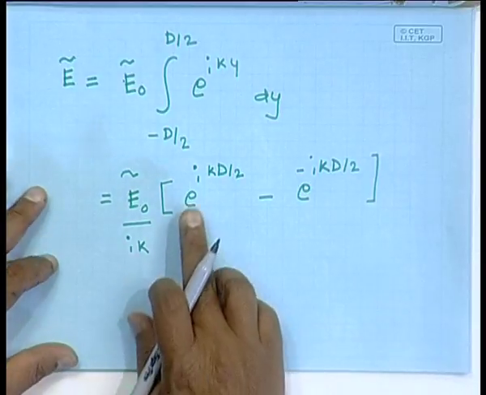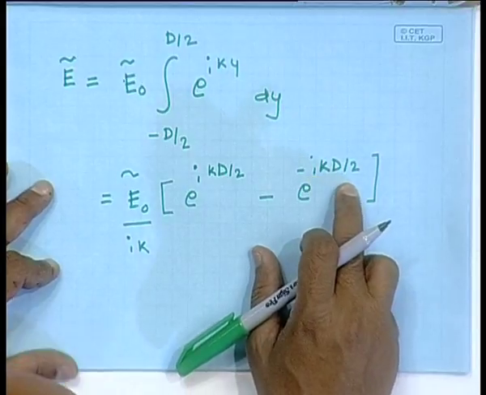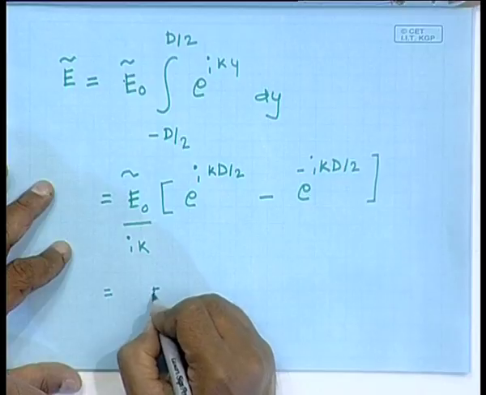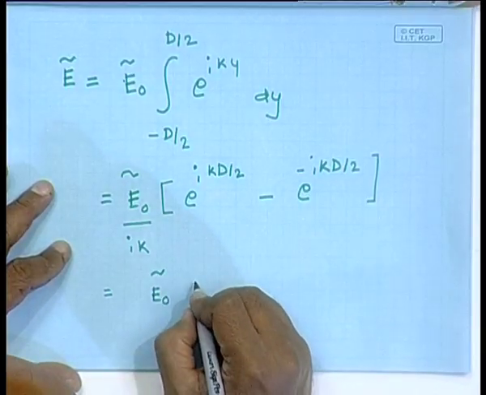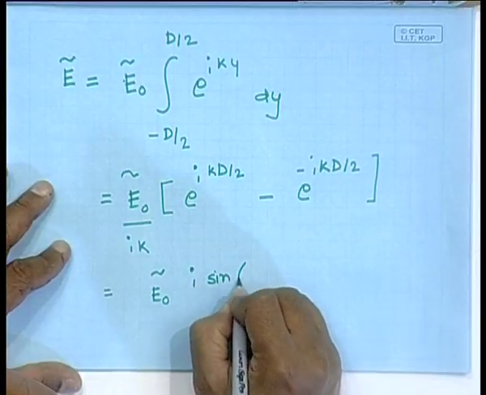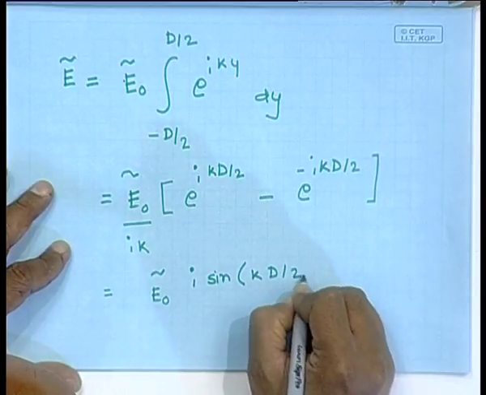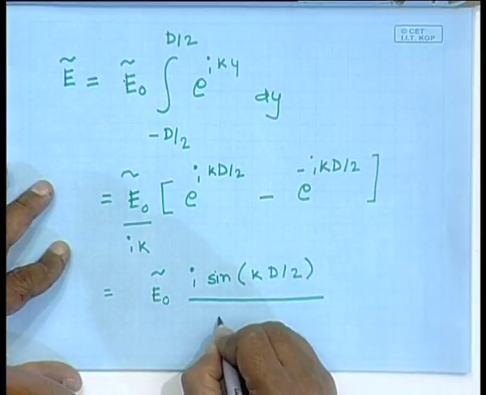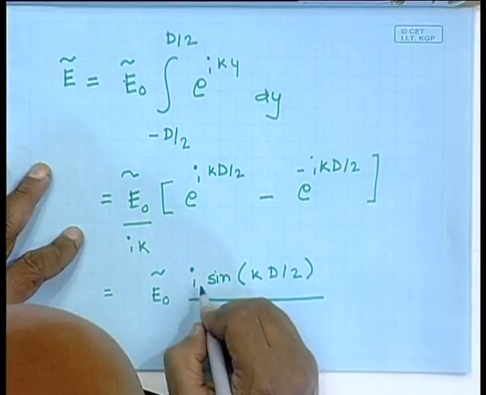And we know that e to the power i k d by 2 minus e to the power minus i k d by 2 gives 2i sin k d by 2. So, this is E naught tilde, there will be an i, sin k d by 2 divided by i k, and there will be a factor of 2.